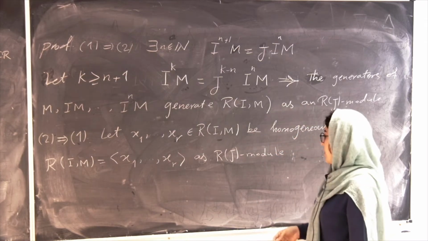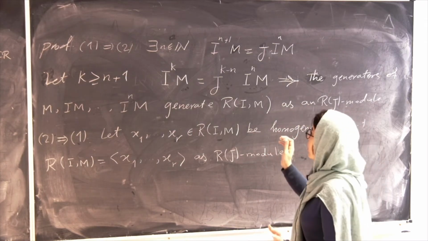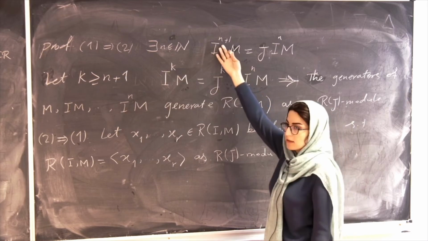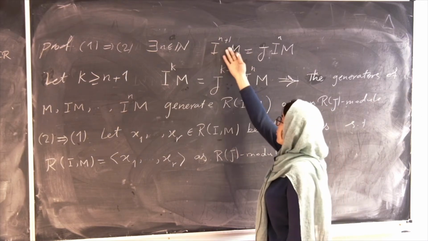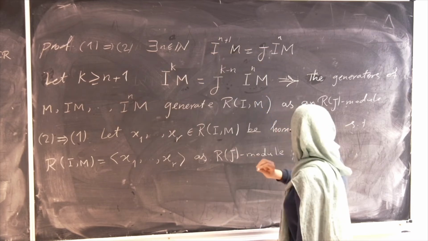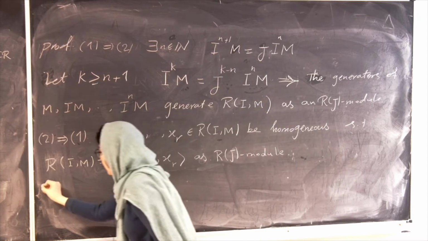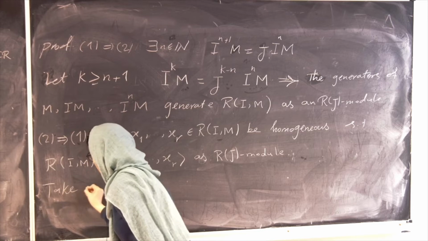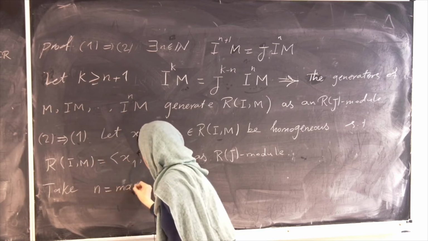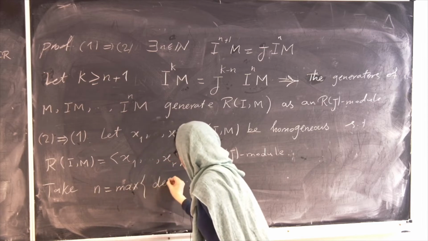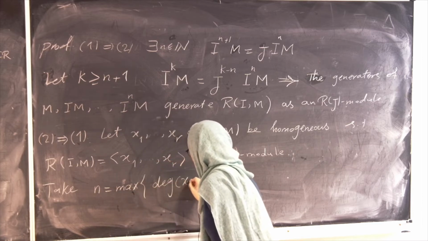Then we want to find some power n such that this equality holds. So just take n to be the maximum of the degrees of these xi's.